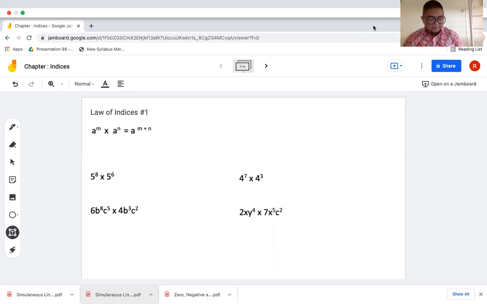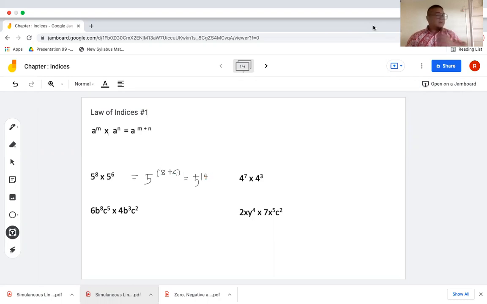So let's say, for example, I'm going to answer this one. I know that the bases are the same, and the only thing I need to do is add their corresponding exponents. So this gives me a final answer of 5, oops, this one is 6. So this gives me 5 raised to 14.